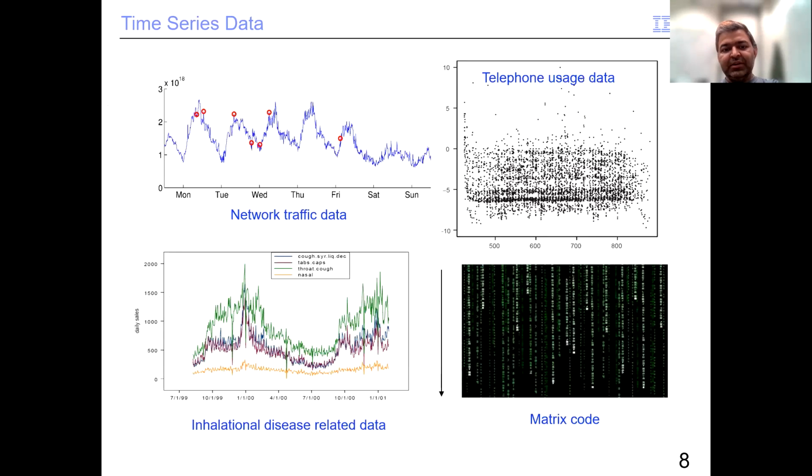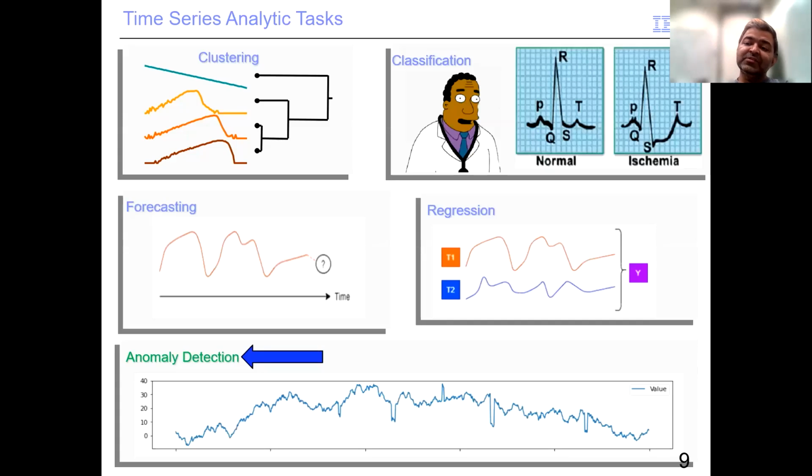You can also see that network traffic data and even disease data, metrics, can also be treated as time series data. Seeing the popularity of time series data in many domains, there is a huge amount of academic work that has been done. Much of the research work so far has primarily focused on 5 different areas: clustering, classification, forecasting, regression, and anomaly detection.